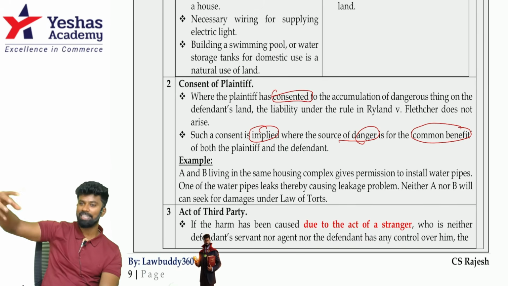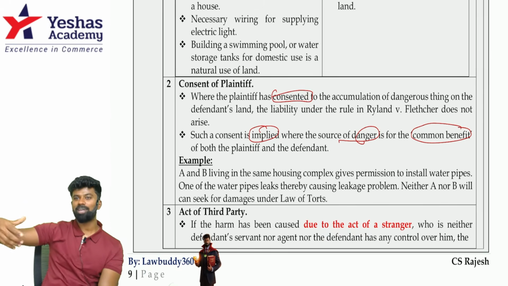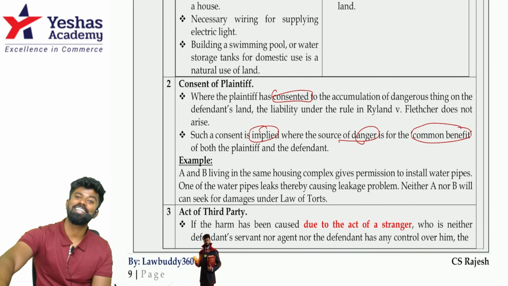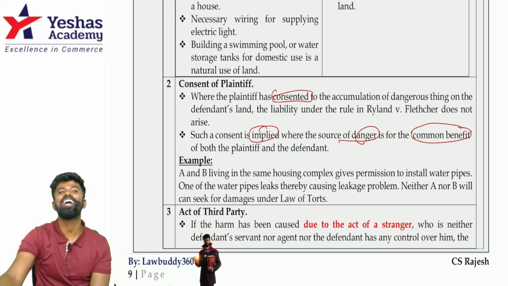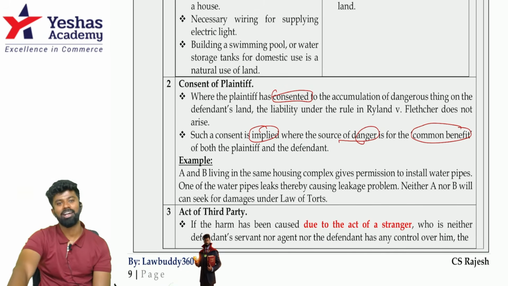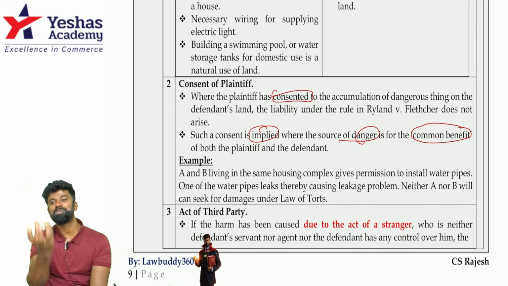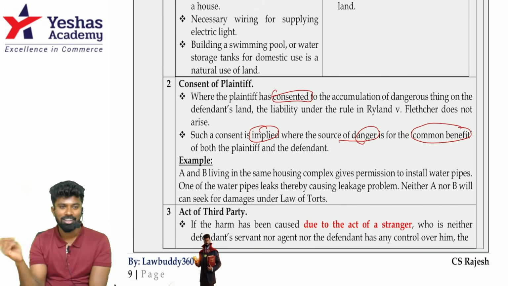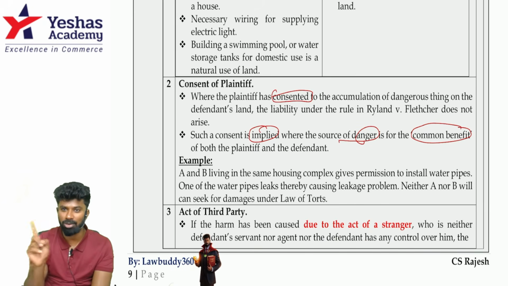A man comes, does something, and after that a dangerous substance escapes because of that third party. Is strict liability applicable? Not applicable.